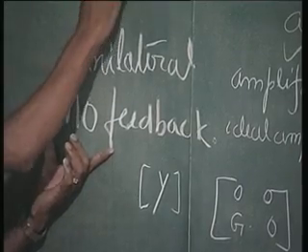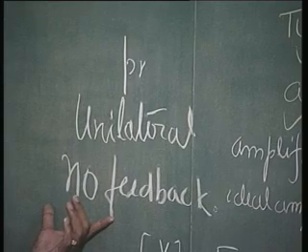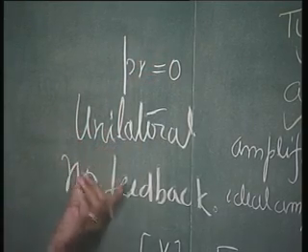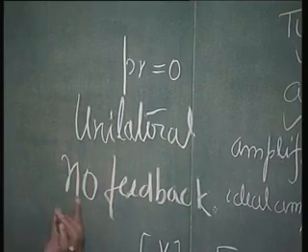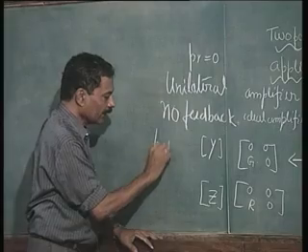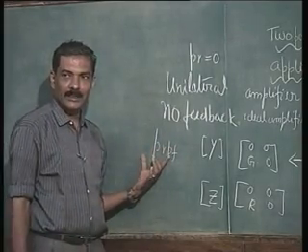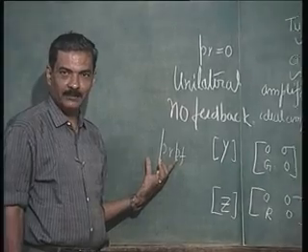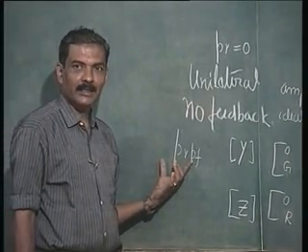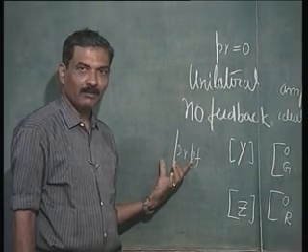So these, let us say PR, being 0 in any one of the four indicate the unilateral nature of the amplifier where no feedback is there. And the sign of PR into PF indicates whether it is positive feedback if it is positive; negative will indicate that it is negative feedback. More about this feedback we will learn later.